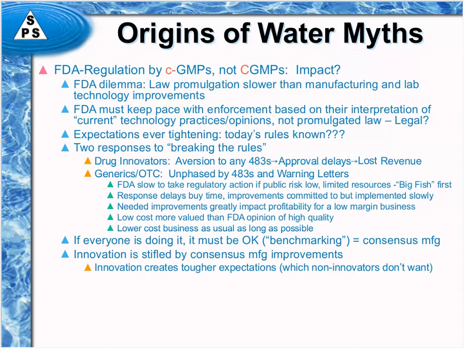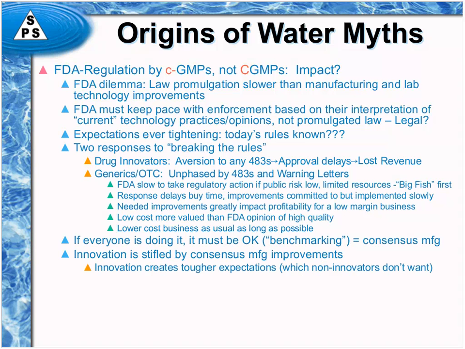And part of the reason for that is that innovation inevitably creates tougher expectations. Once an innovation becomes not even commonplace, but becomes desirable, then FDA, because of the little c of CGMPs, now expects everybody to do it that way.